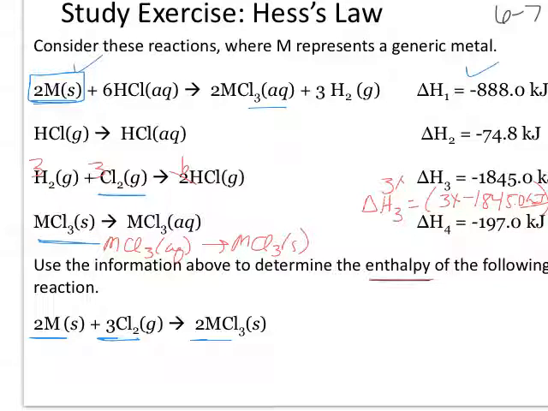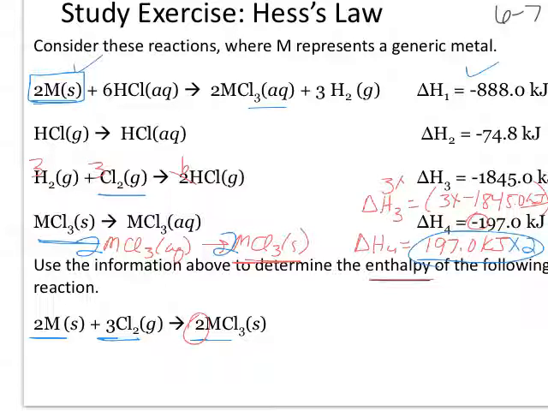And when I do that, I have to reverse the sign on the delta H. So delta H4 equals, instead of a negative, a positive 197.0 kilojoules. Now I do have it on the correct side of the reaction arrow, which is the product side. But I need a 2 coefficient. So I'm going to multiply both sides by 2. And when I do that, I have to multiply the 197 kilojoules by 2.